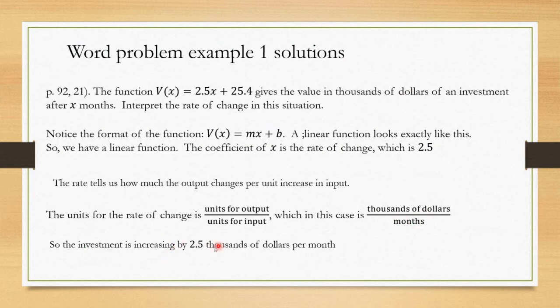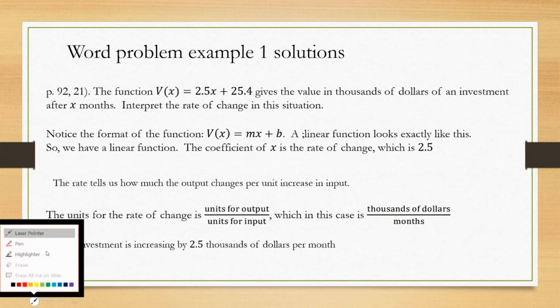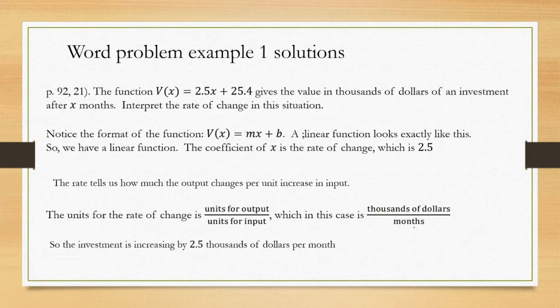Altogether, this is the interpretation of the rate of change. The rate of change tells us that this investment is increasing by 2.5 thousand dollars per month. Let me just get rid of this S. If you happen to write months instead of month, I'm not going to mark it wrong.